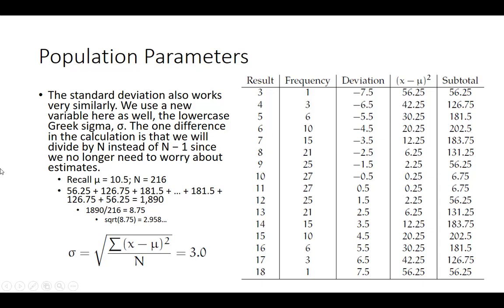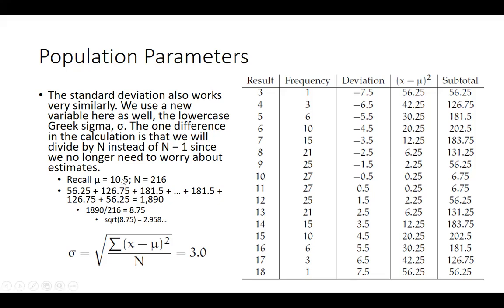The one difference in the calculation is that we will divide by n instead of n minus 1, since we no longer need to worry about estimates. We can't be undersampling or oversampling when we're not dealing with a sample, when we're dealing with the entire population. So we just divide by n.